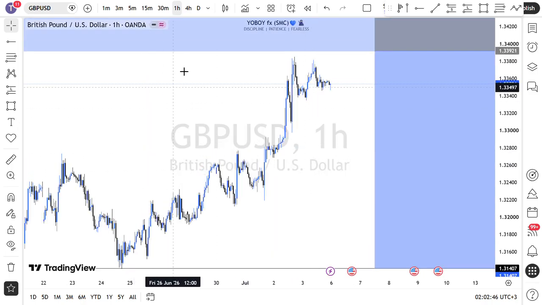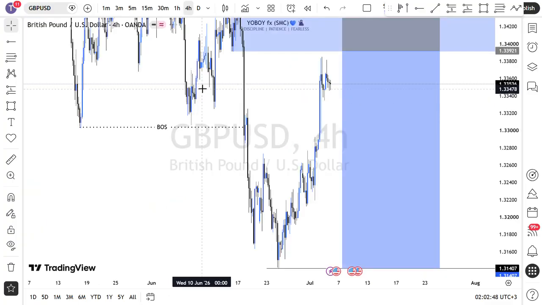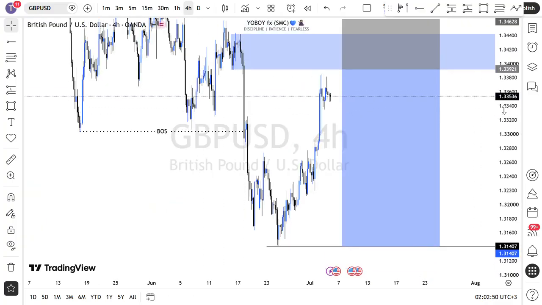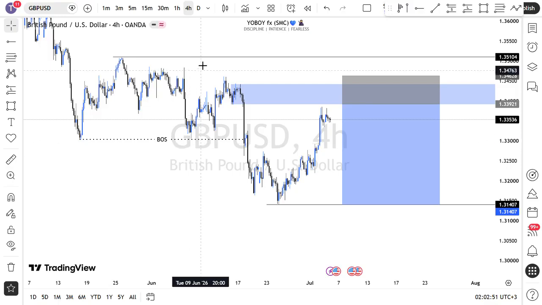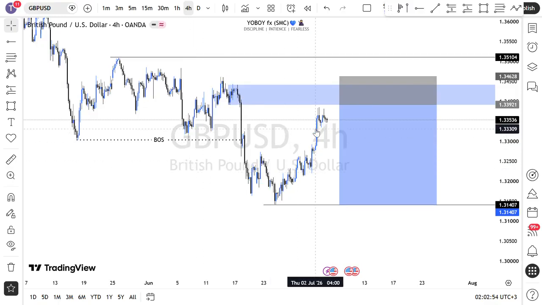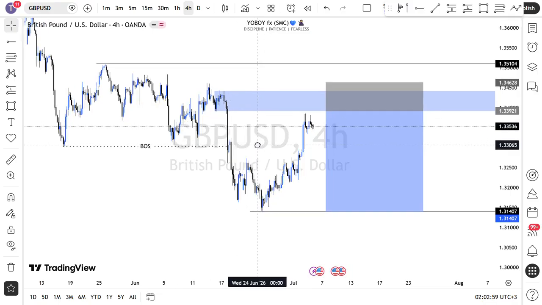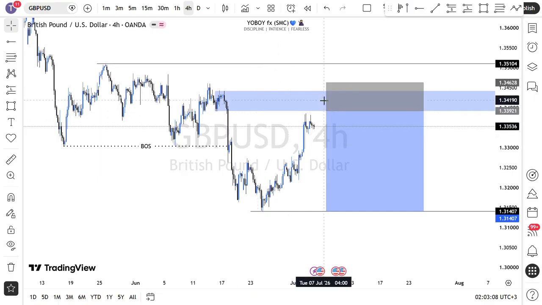On GBP I have a different analysis to update you guys on, because right now GBP has already come into that fair value gap. So it means Euro USD is lagging behind, and that means GBP will be looking to buy even more.